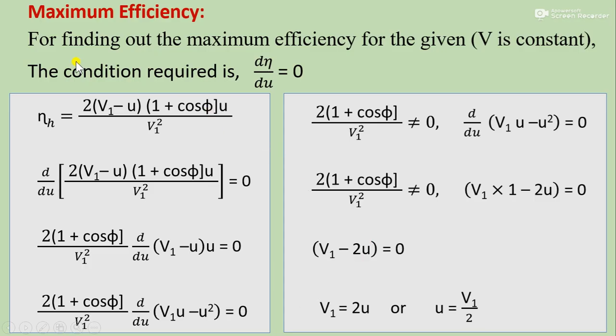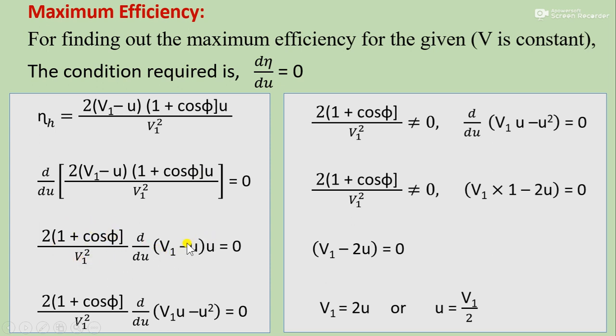Now for maximum efficiency, we take jet velocity as a constant, and the condition we use is differentiation of efficiency with respect to blade velocity, and we equate it to 0. So let us take the differentiation of the hydraulic efficiency equation. Here 2 × (1 plus cos phi) divided by V1 square are the constant terms.